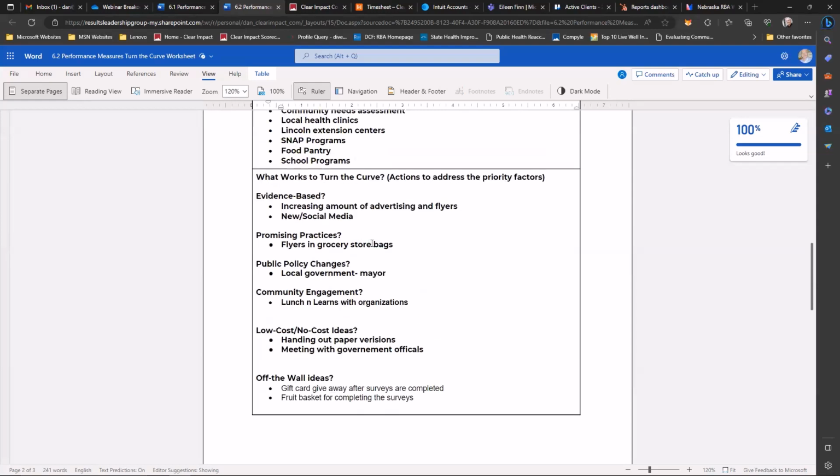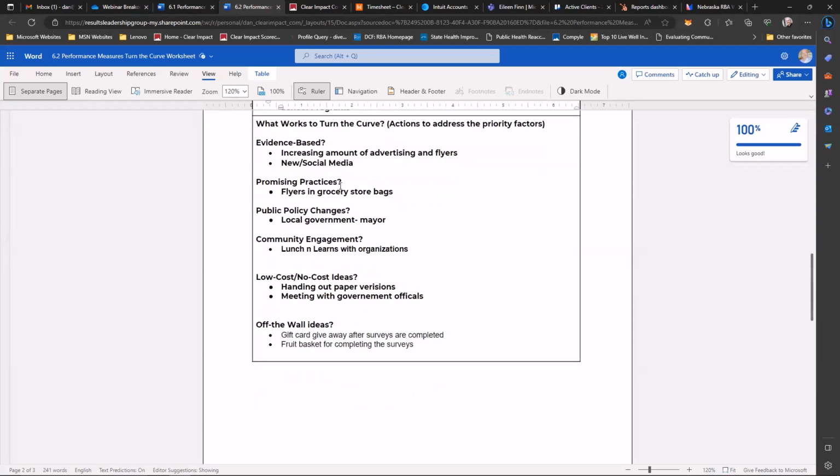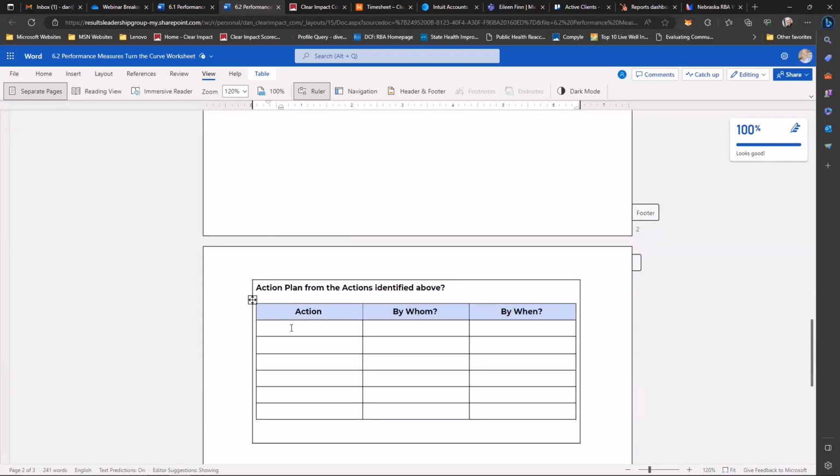And then you would take these ideas that you came up with. So, for example, let's say you wanted to do gift cards, you want to do incentives. You decide, yeah, we want to do incentives for people that complete the survey and advertise that. Then down here you would put, create, offer incentives, and who's going to do that?